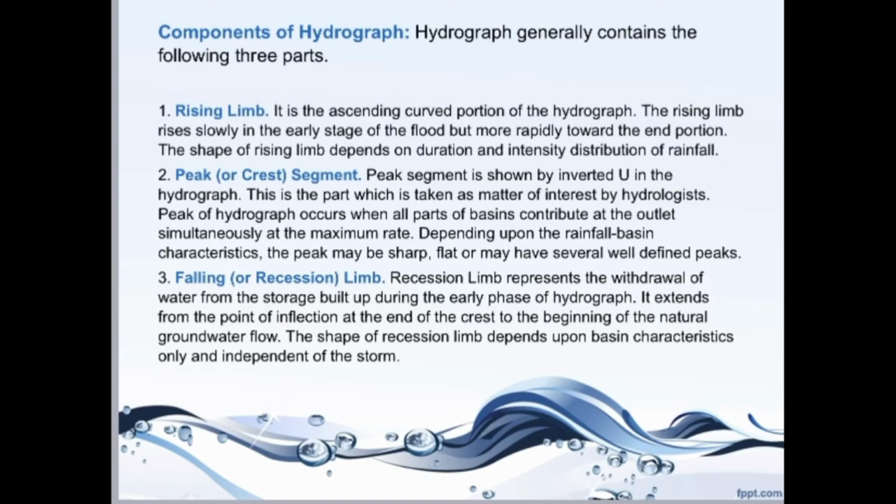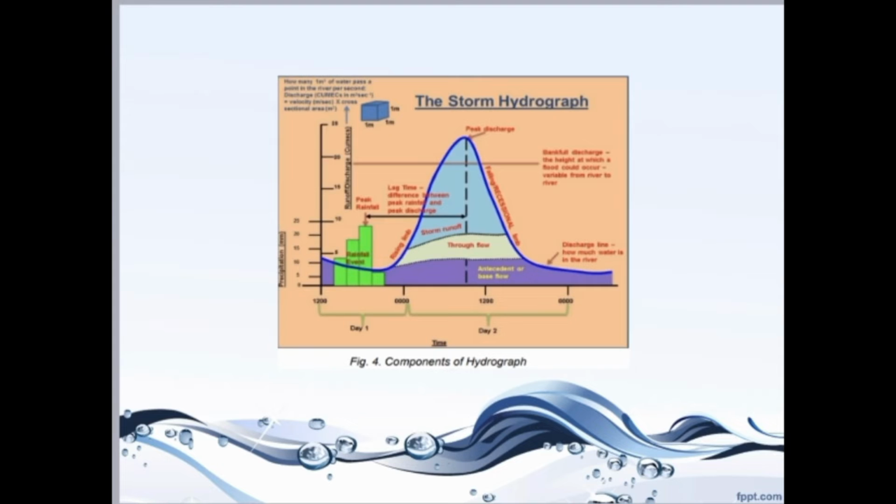And wherein makikita din natin dyan yung components of the hydrograph, which is the rising limb, the peak, and the falling limb. Nandyan din yung peak rainfall, the lag time or the difference between the peak rainfall and the peak discharge. Meron din storm runoff, the through flow, and the base flow or the antecedent.